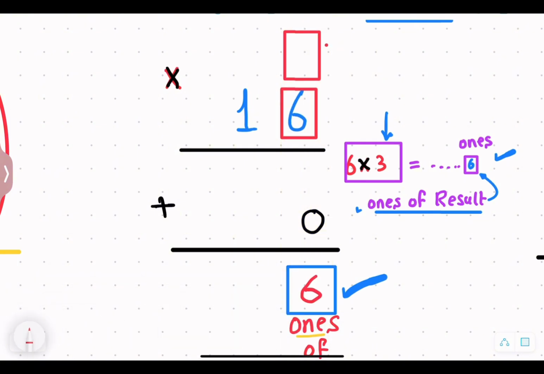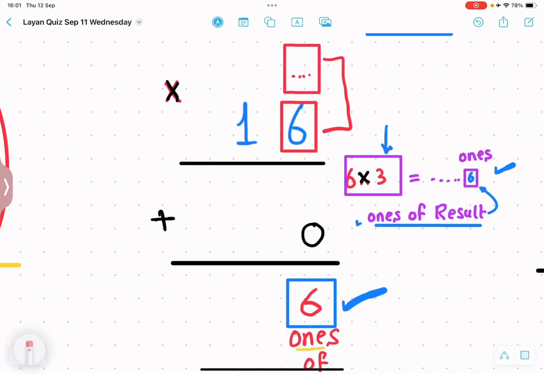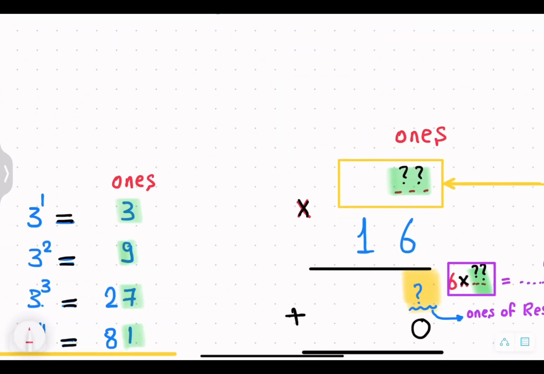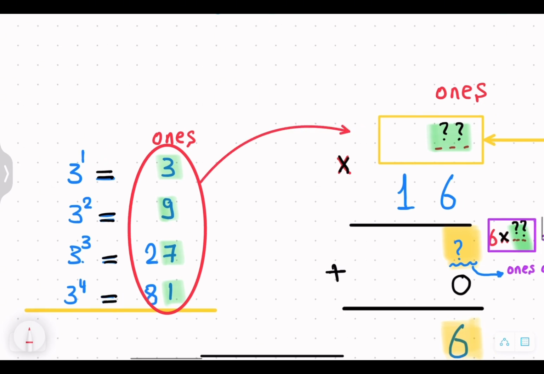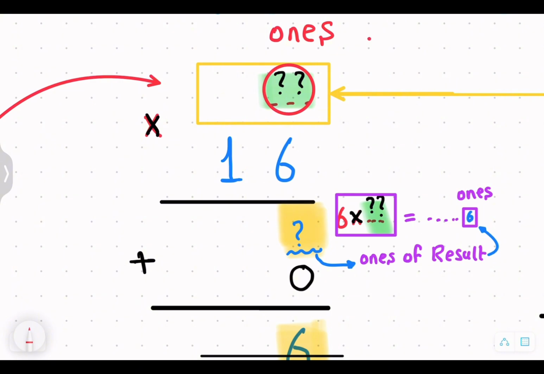So now let's ask ourselves, what is the digit that will be written here that, when multiplied by 6, will result in 6 in the ones digit? Is it 3 or 9 or 7 or 1?